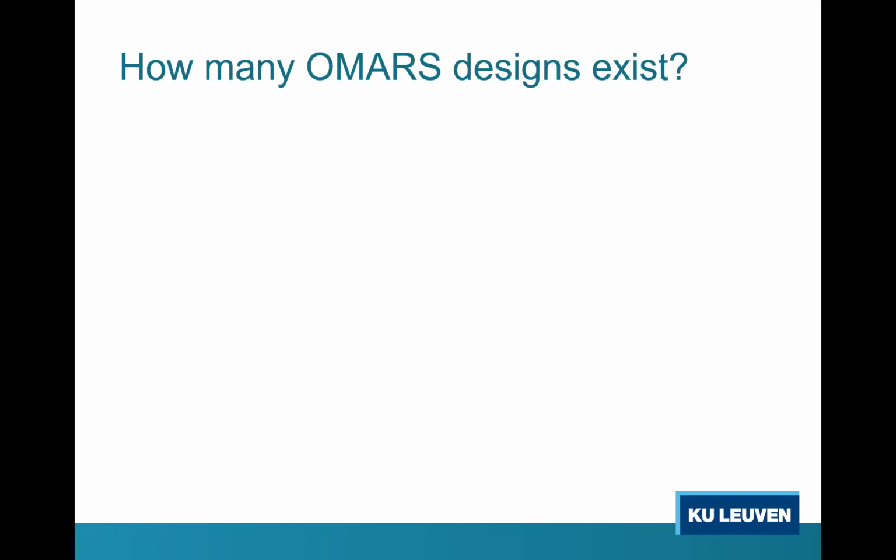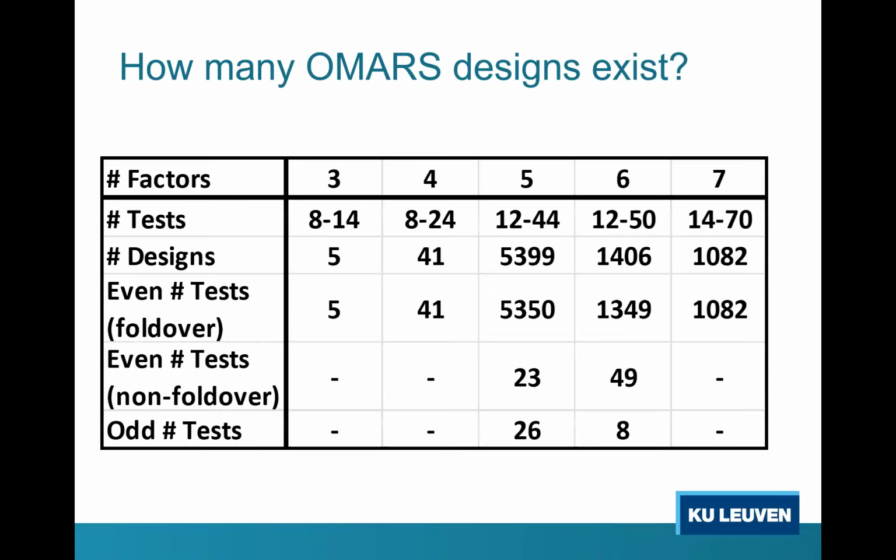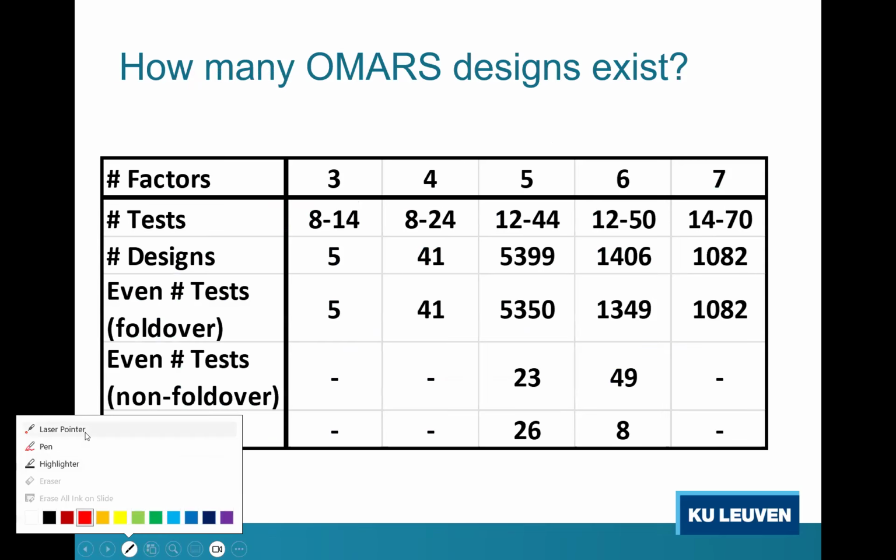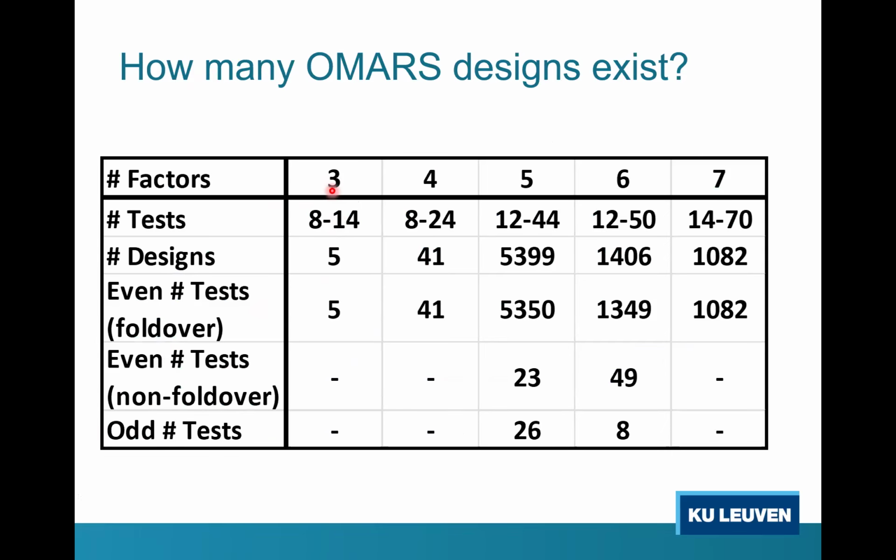In our very first paper published in Technometrics a couple of years ago, we have this particular table that shows how many OMARS designs we discovered initially. Our initial work was for experiments with 3, 4, 5, 6, and 7 factors.